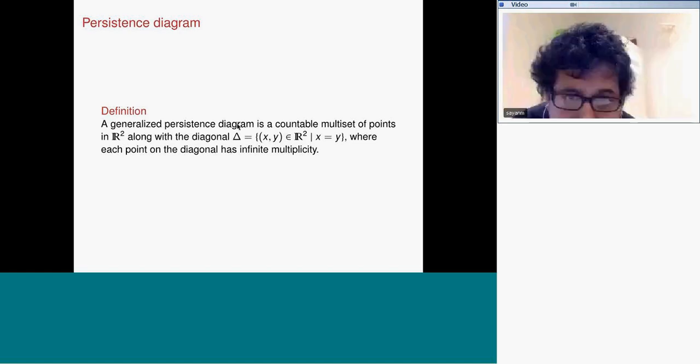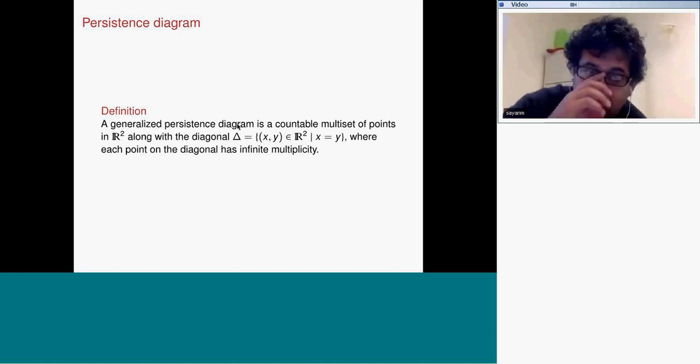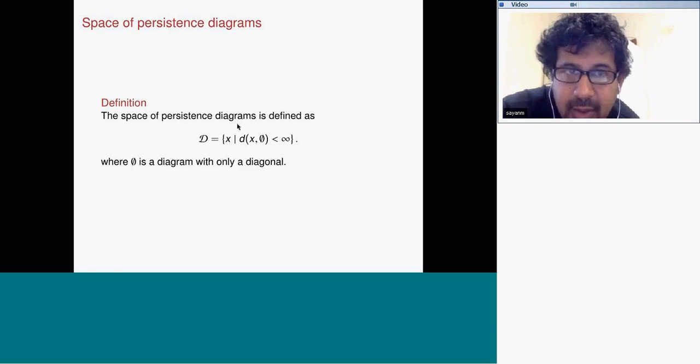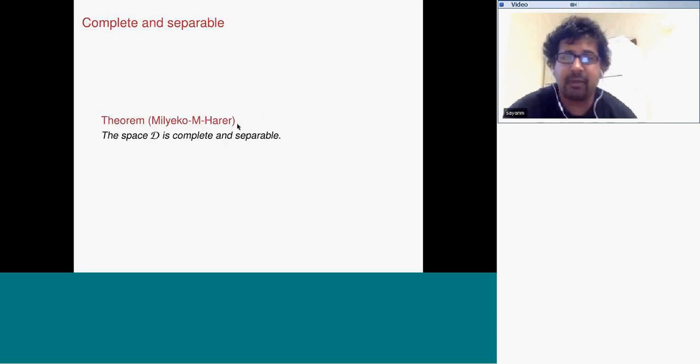One way of defining a persistence diagram is as a multiset of points above the diagonal, where the diagonal has infinite multiplicity. So the space of persistence diagrams is all the diagrams that are a finite distance away from the null diagram, which is the diagram with only the diagonal. Now I have a metric and now I have a space.